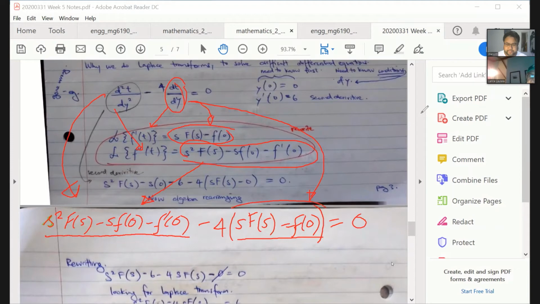Okay, ready? Yep. So all I'm doing is substituting things in from these conditions. I'm going to circle the conditions. Are you watching? Yep. This thing says that when t is 0, y is 0. When t is 0, y dash is 6. Yeah? Okay, so let's look for those in here.